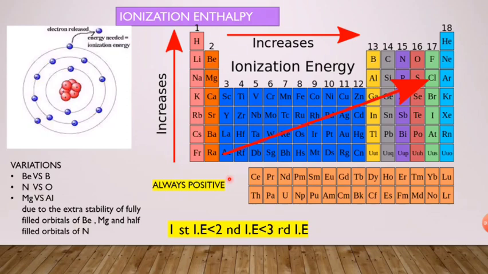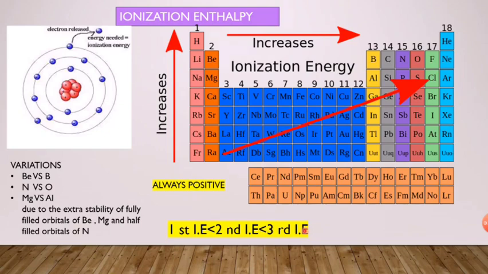Therefore the first ionization energy will be lesser than the second ionization energy, and that will be lesser than the third ionization energy. That is, the third ionization energy will be the highest one, because in the case of first ionization energy, the effective nuclear charge acting on the valence electron will be lesser as compared to the second ionization.